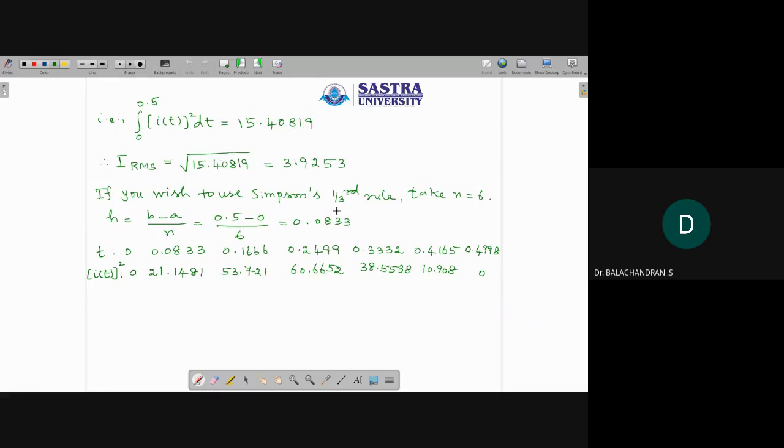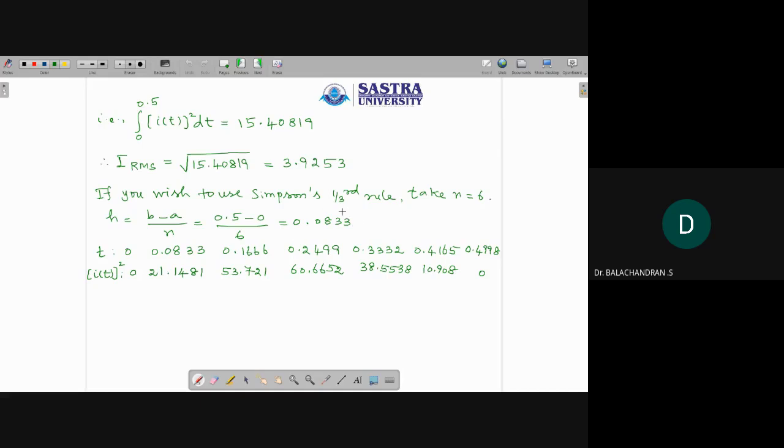Suppose we wish to use Simpson's one-third rule, we need the total number of intervals to be 6. So b is 0.5 and a is 0. I am dividing by 6, so h is equal to 0.0833.